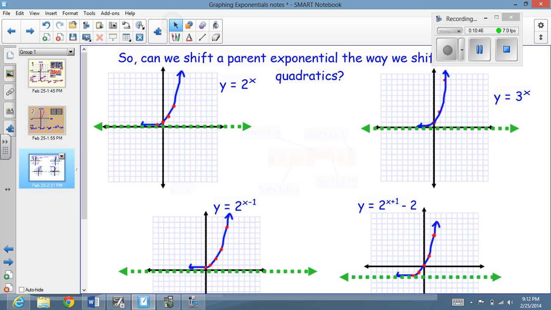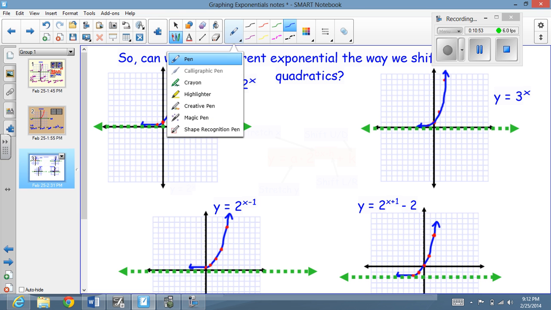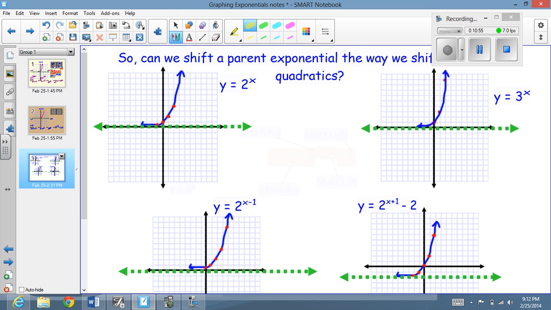So to wrap up this discussion, we can kind of look at this as like our parent graph here. Okay? And then we just did this one where, okay, what happened? Well, this point right here, the point 0, 1, ended up moving over when we did the second one.